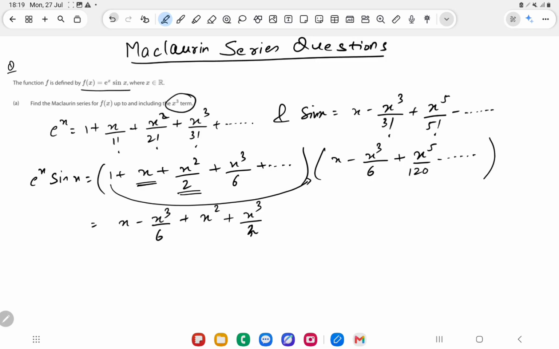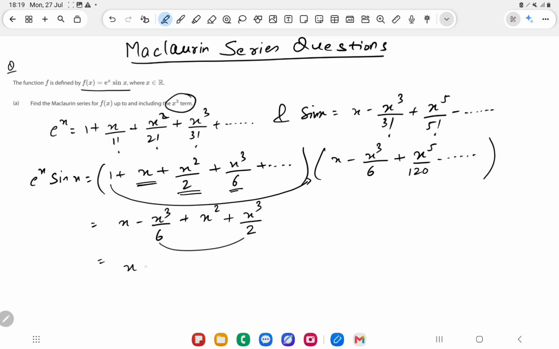So this is also x cube over 2. And now I cannot multiply this x cube over 6 with the next bracket, because I only want up to and including the x cube term. So I have to stop here, and now I can solve these.